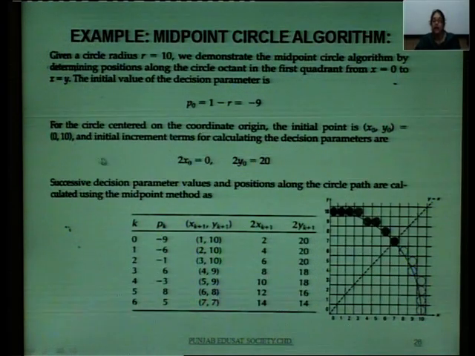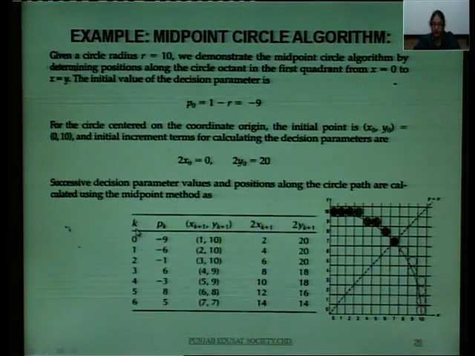The initial increment terms for calculating the decision parameters are 2x0 is equal to 0 and 2y0 is equal to 20. So, these are the decision parameter values and positions along the circular path which are calculated using the midpoint method.